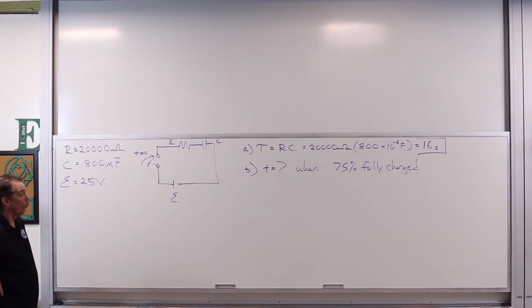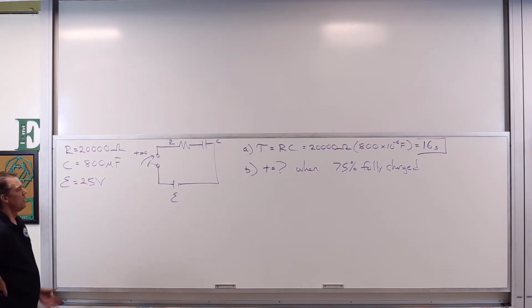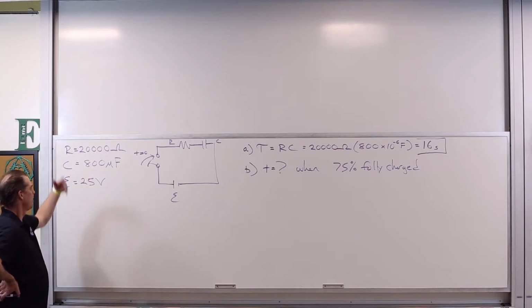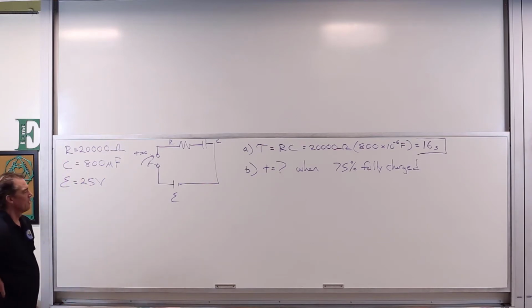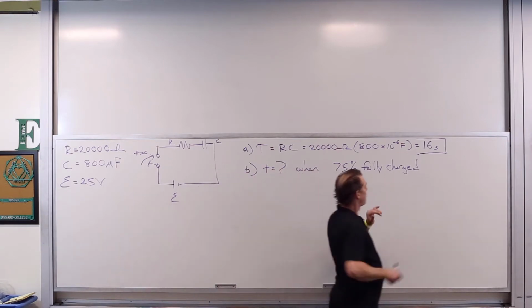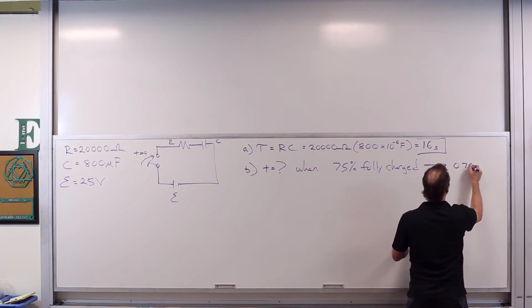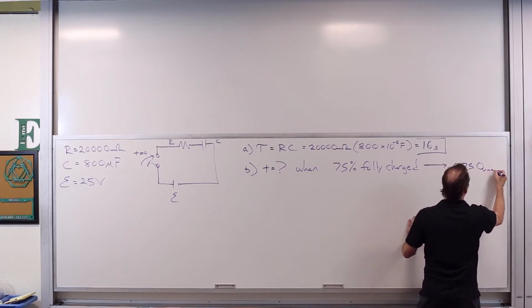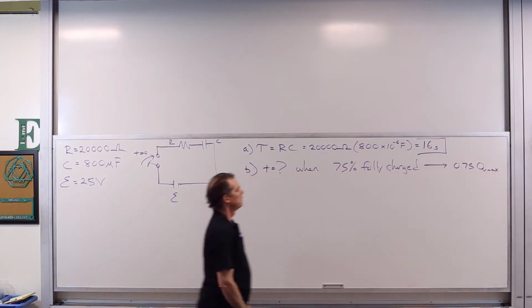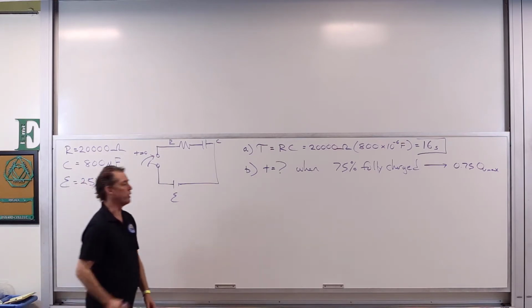We could figure out what amount of charge that was. That wouldn't be too hard, right? Because we know the capacitance, we know the source potential, 75% of the maximum charge, we'll just be utilizing that. Great. But 75% fully charged, this ultimately means 0.75 times Qmax. So we want to know at what time t is that equal to the charge.